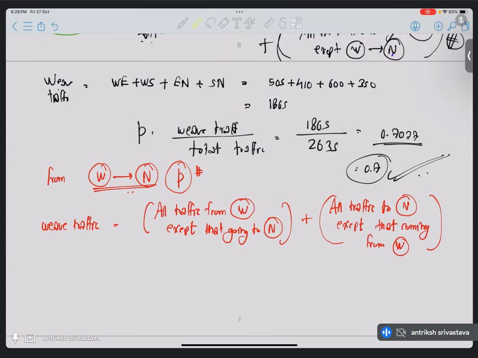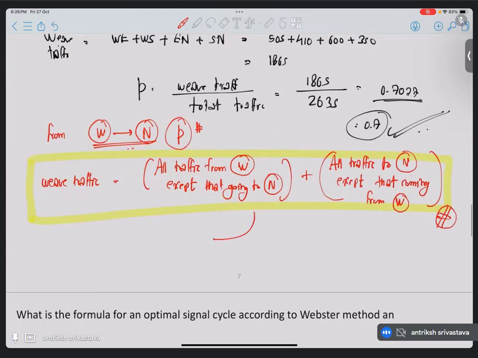And surprisingly enough, this particular formula is applicable even if you have a 5-hand rotary.